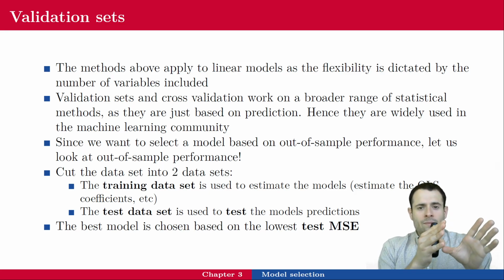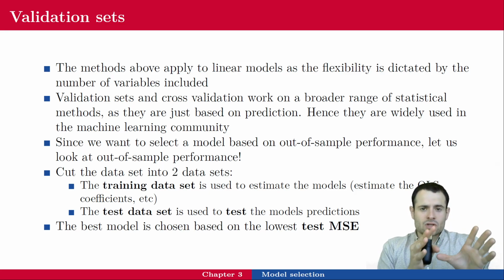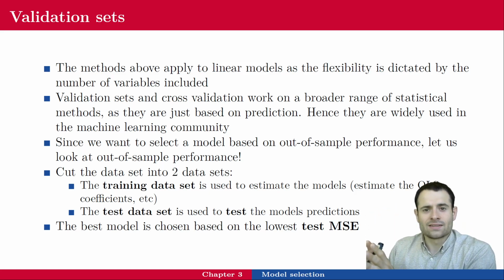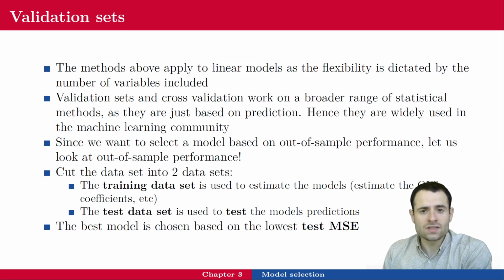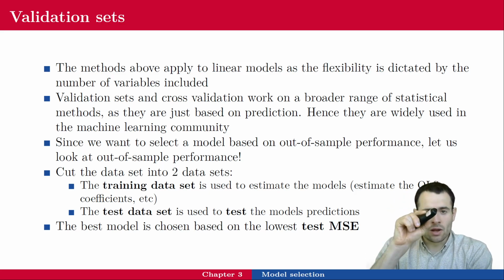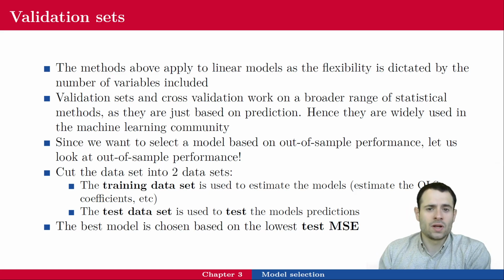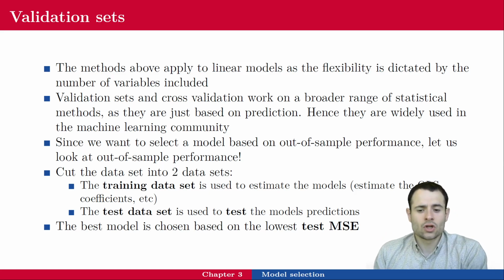But then, I transpose those predictions and try to predict the test dataset. And as I showed you in the previous graphs, the test data MSE is going to have a U shape because of the bias-variance trade-off. And then you can select the model that features the lowest test MSE.